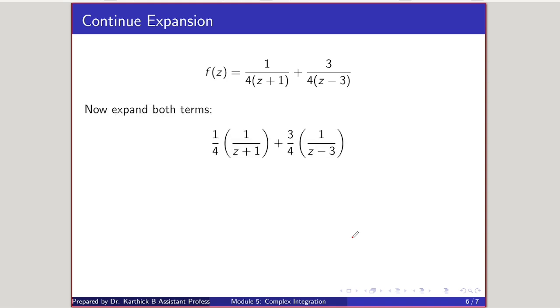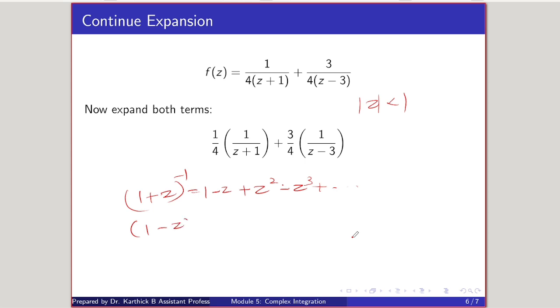Then they have given the condition mod z should be less than 1. So we have to express this term in the form of a Taylor series. We have a general formula: (1 plus z) whole power minus 1 can be written as 1 minus z plus z square minus z cube, and it goes on.